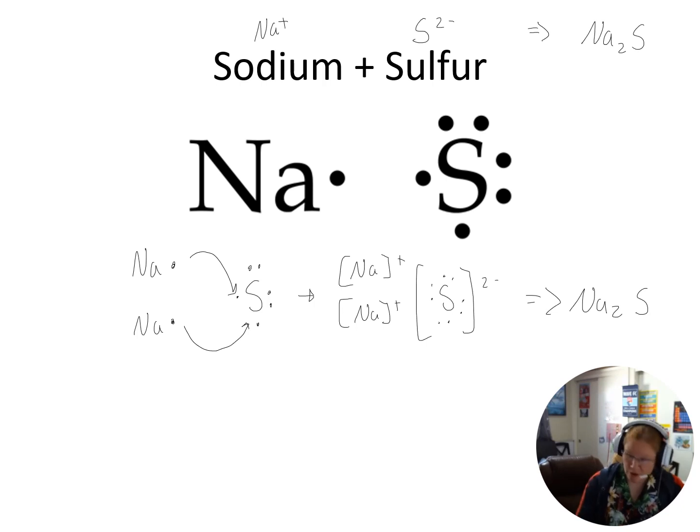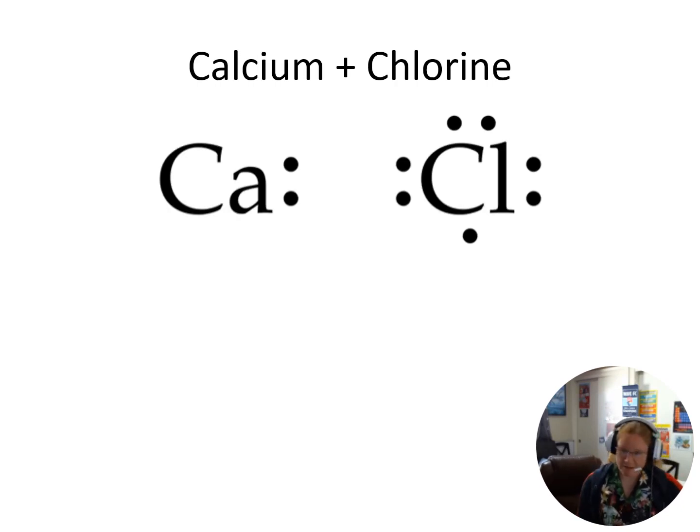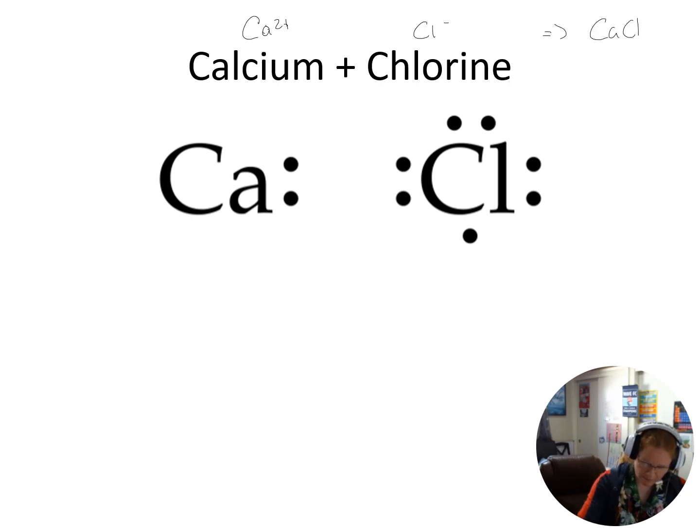Okay, we'll try one more. All right, we've got this calcium and chlorine. So calcium makes that +2. Chlorine makes the chloride with the -1. When we charge balance that, we know our formula looks like that. So what happens here?